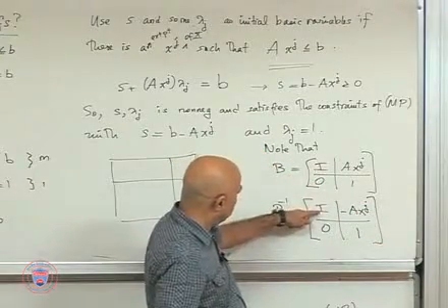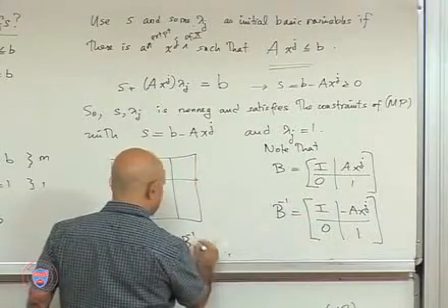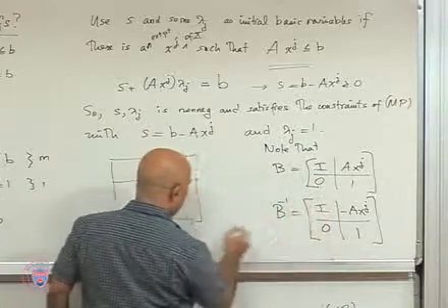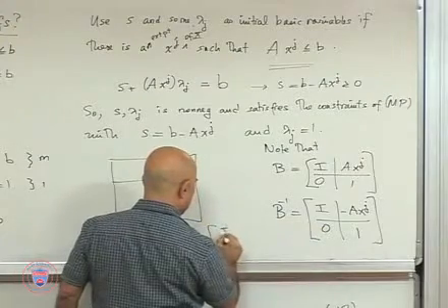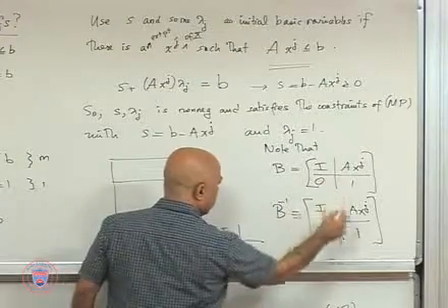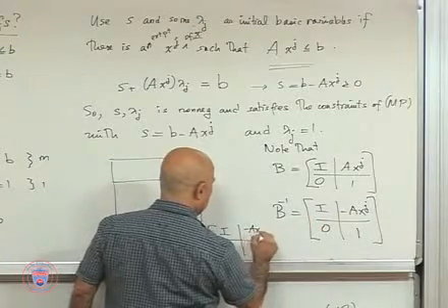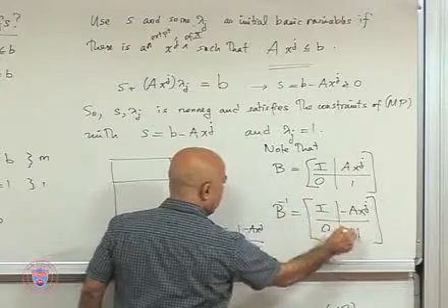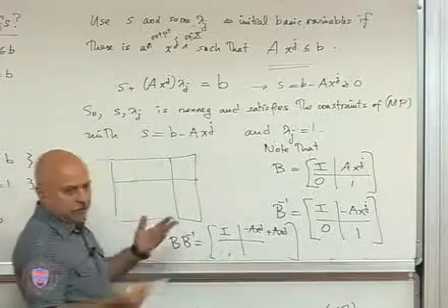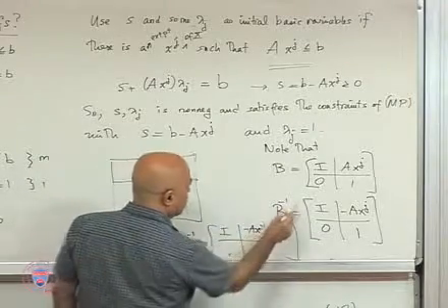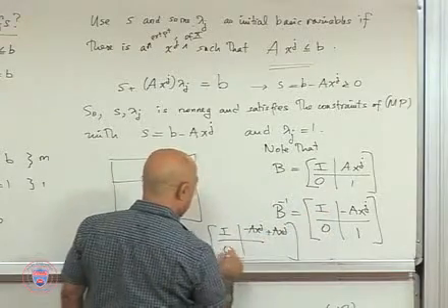So what is B inverse B? Let's just do a quick check. I times I plus a xj times 0. So this will be I when you multiply. And then I times minus a xj plus a xj times 1, which gives you 0. For that part, you want a 0. And then 0 times identity is 0.